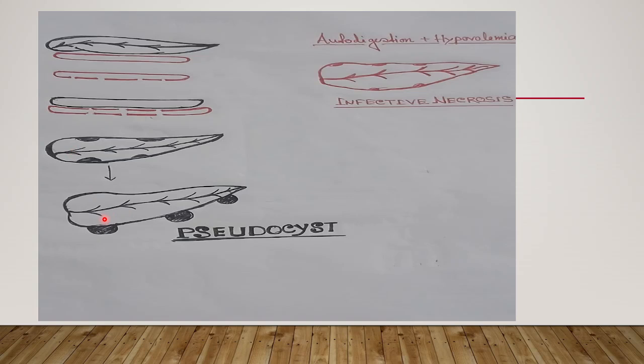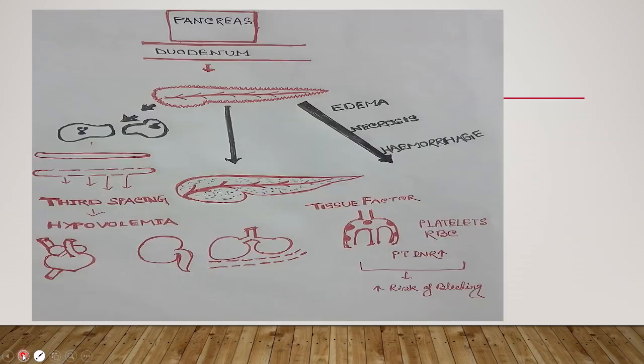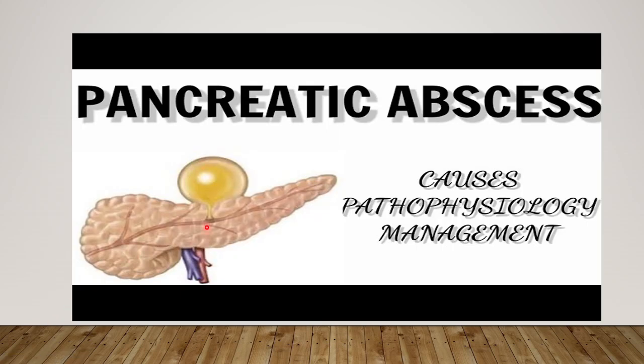When bacterial infection happens in the pseudocyst, then this bacterial encapsulated pseudocyst is called a pancreatic abscess, and this pancreatic abscess leads to pain and fever. This is the picture of pseudocyst. And this is the picture of pancreatic abscess, which is a severe complication.